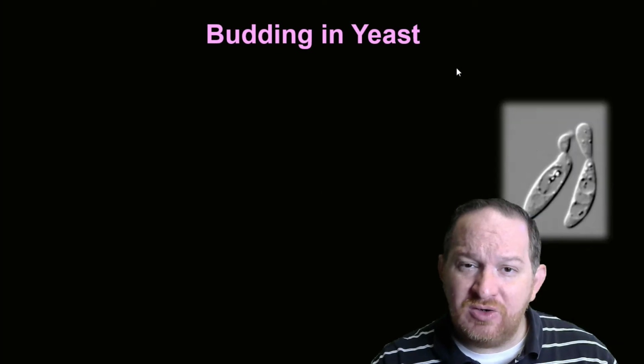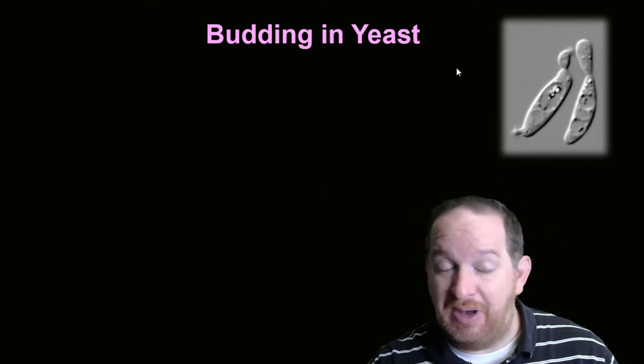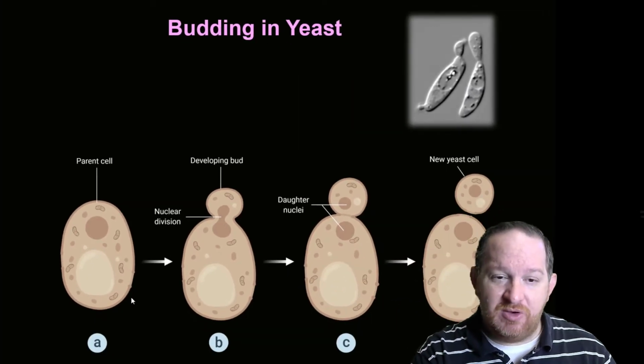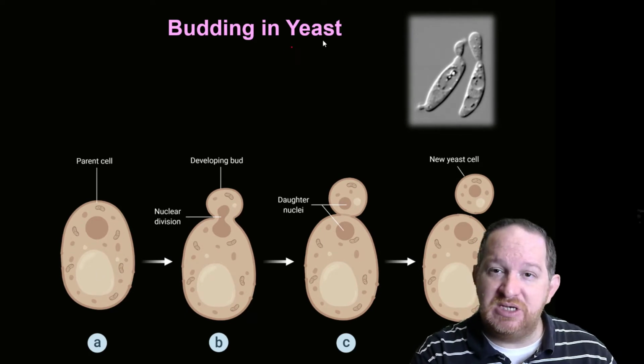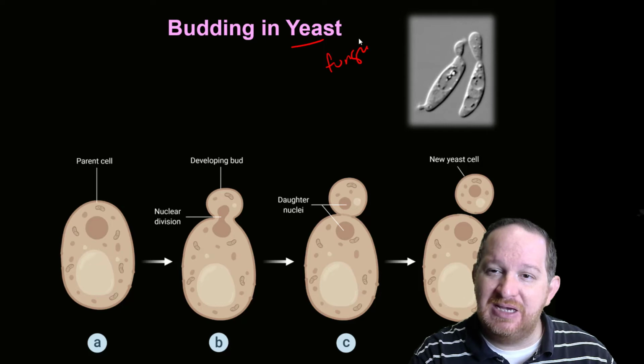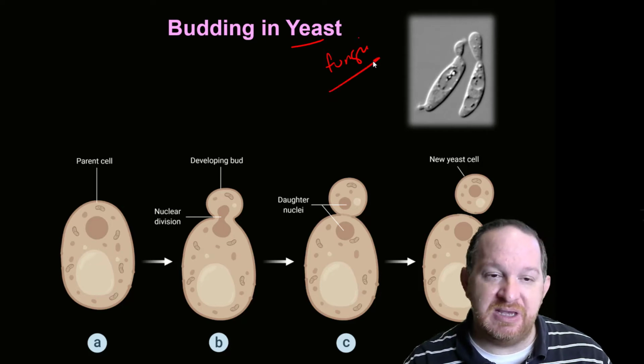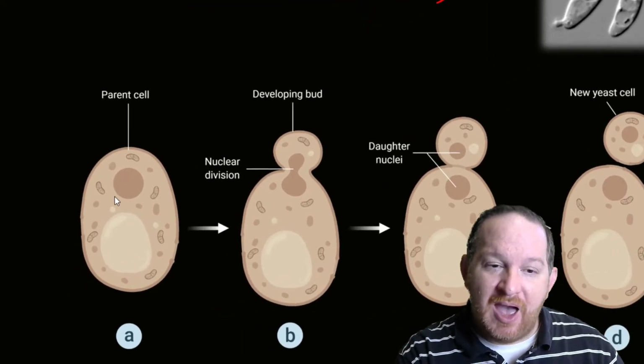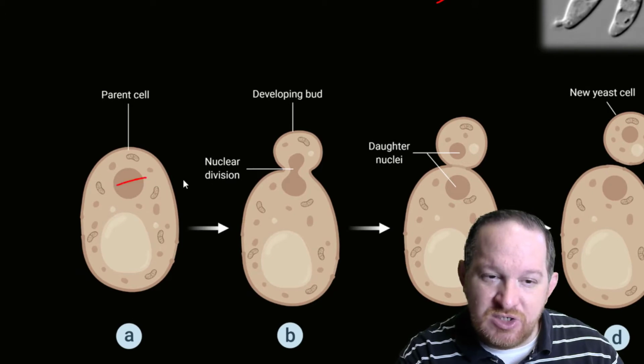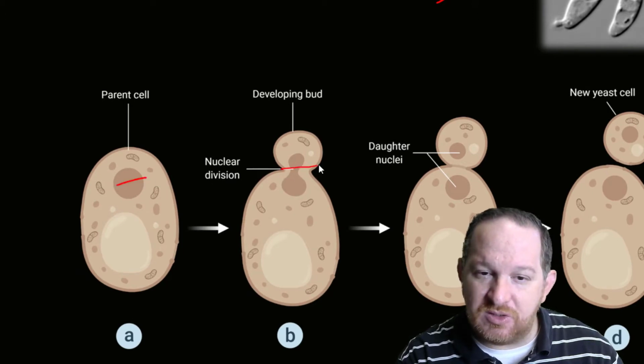And so here is how this process, yeast budding, occurs. You have a parent cell here. Here's the yeast, right? This is a eukaryotic cell. Remember, yeast are actually in the kingdom fungi, a single-celled eukaryotic cell. So here's our parent cell. And then the first thing that has to happen, you can see, is this nucleus here has to divide. So the nucleus divides. Half of it looks like it's going in here.